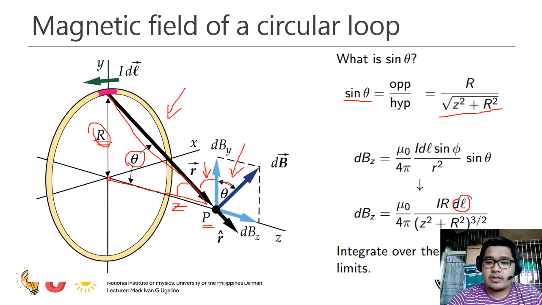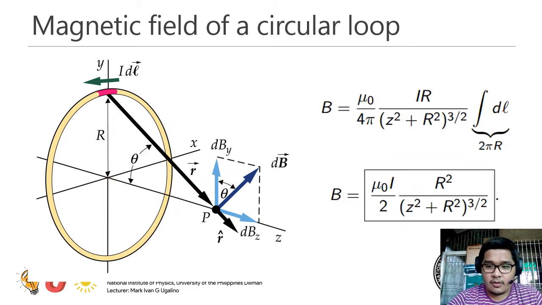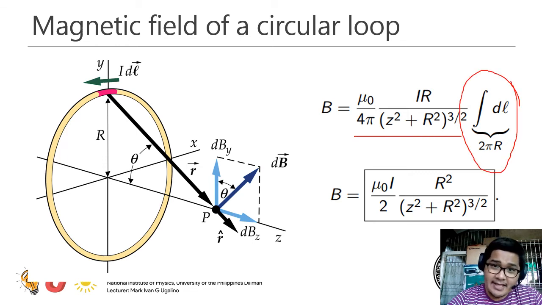So if we do that, what we get is this term multiplied by 2 pi r. Why is it 2 pi r? Integrating your infinitesimal arc length is just adding up all the small pieces of your circle and ending up with the whole circle, which gives us this perimeter, which is 2 pi r.